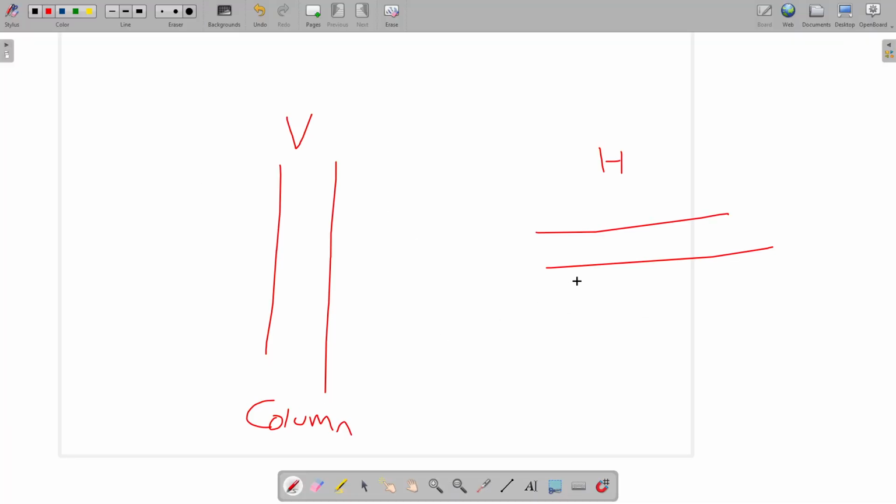Where was I? Yeah. And this is a row. Now these, in chemistry, these are called groups and periods. And I want you guys to screenshot this.